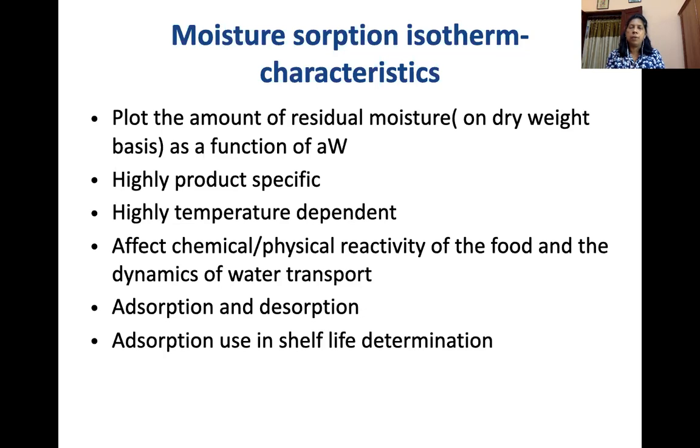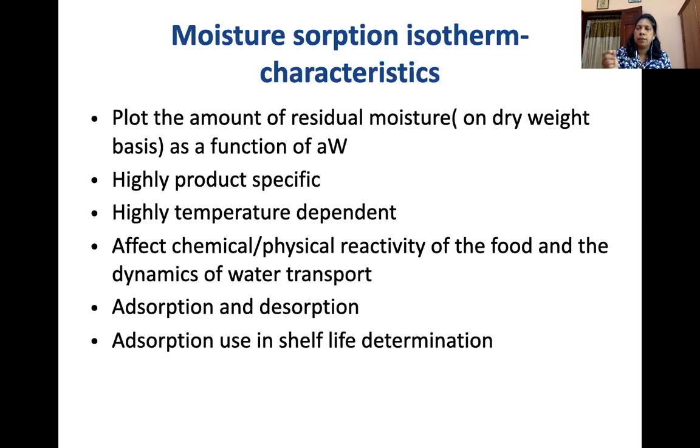Because when you think about the adsorption and desorption isotherms in the same plot, even at the same moisture content, the adsorption MSI is showing a higher water activity.